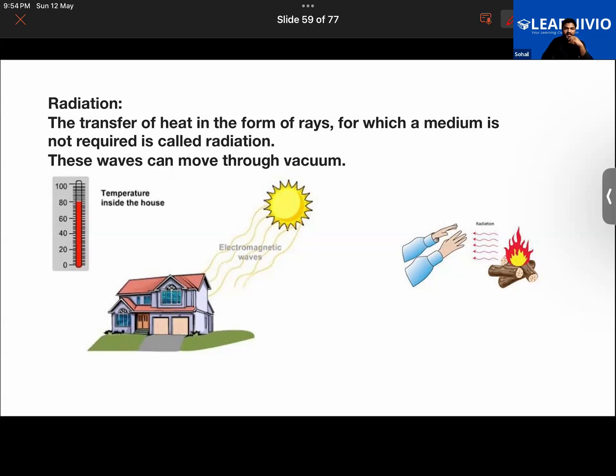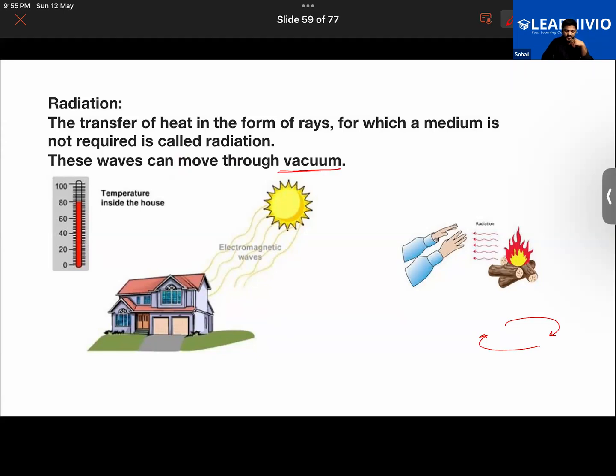In the case of convection, there was upward and downward movement, a cyclic movement like this, isn't it, guys? But here you see that heat is able to travel in the form of waves towards you. So that is radiation. The transfer of heat in the form of rays, for which a medium is not required, is called radiation. And these waves can move through vacuum also.